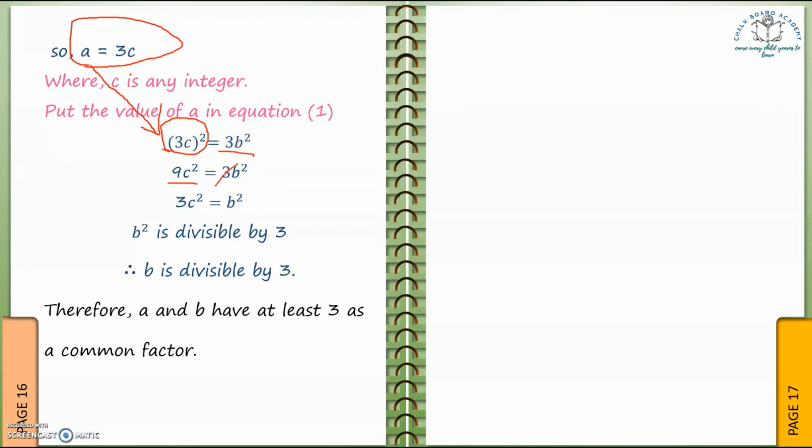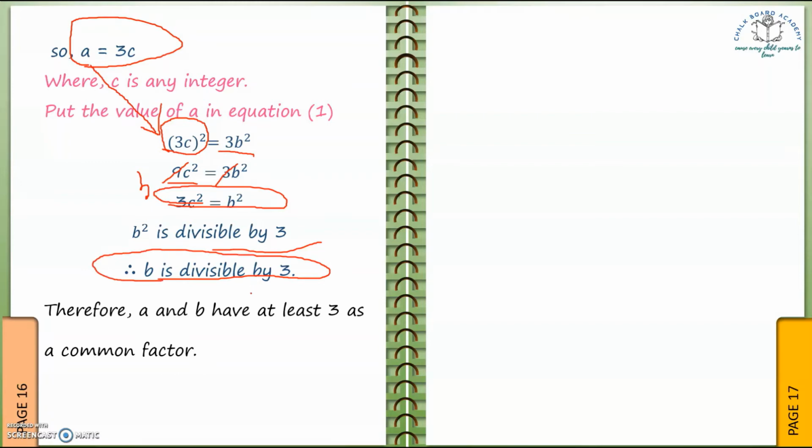By eliminating this 3, we got 3c square is equal to b square. Now because we have a similar equation like earlier, 3c square is equal to b square, that means b square is divisible by 3, and if b square is divisible by 3, then b is also divisible by 3 by the same theorem.